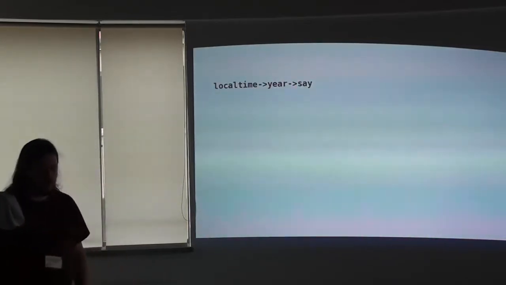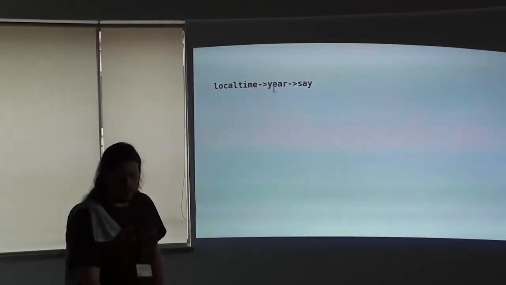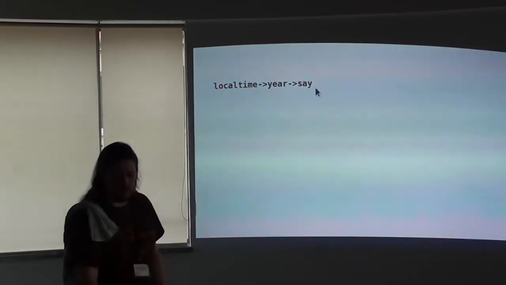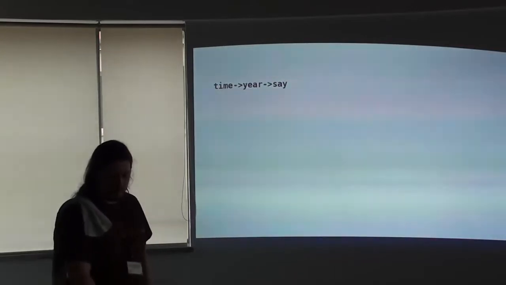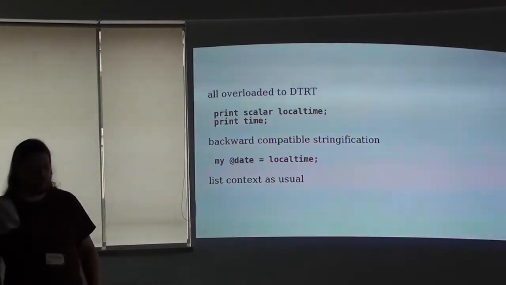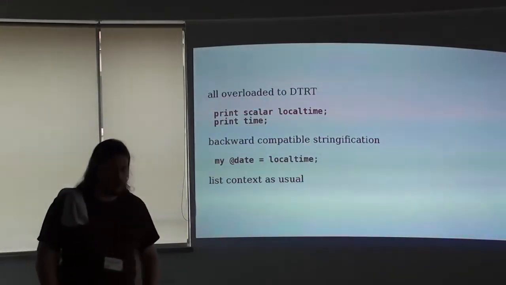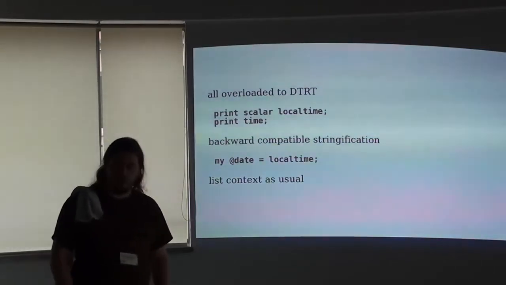So an example like that, localtime gives you an object, and then you call the year method, and then again this is a string, and then it will be chained through. You can call the same method on each string, and it will be printed. And it works also with that time. And all of that is overloaded, replaced to do the right thing. Also, the old behavior does not go away in certain contexts.